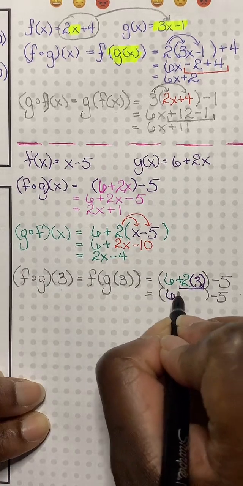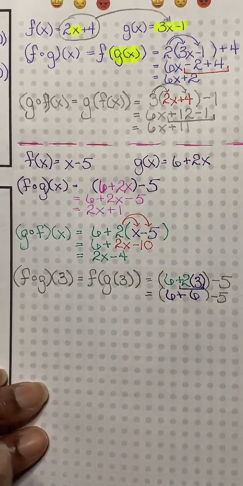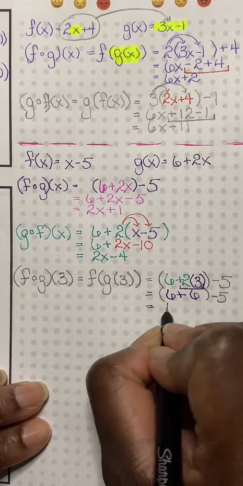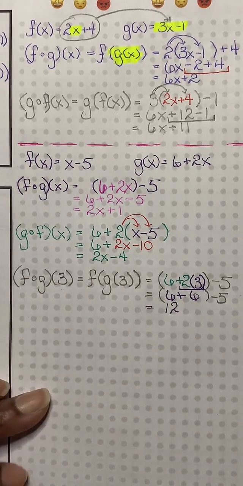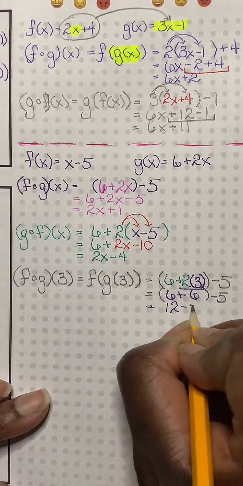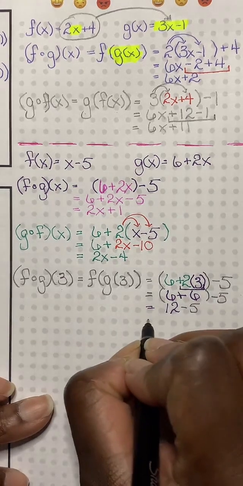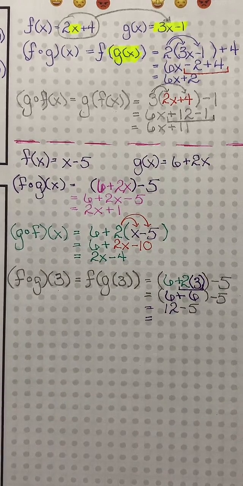So now we have 6 plus 6. And again, it's still in the parentheses. The 6 plus 6 gives me 12. Then I bring down the minus 5. Okay? 12 minus 5 will give me what?